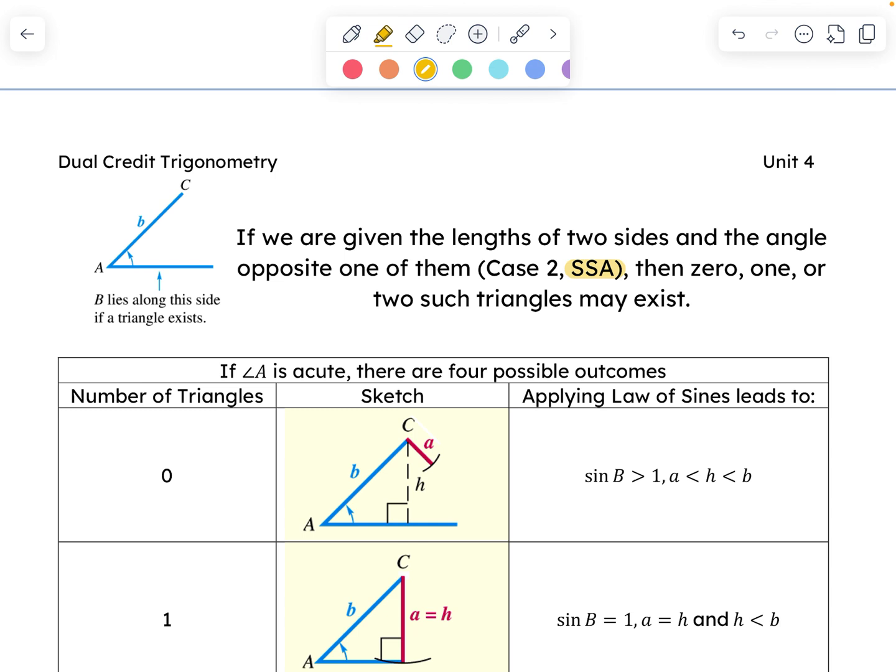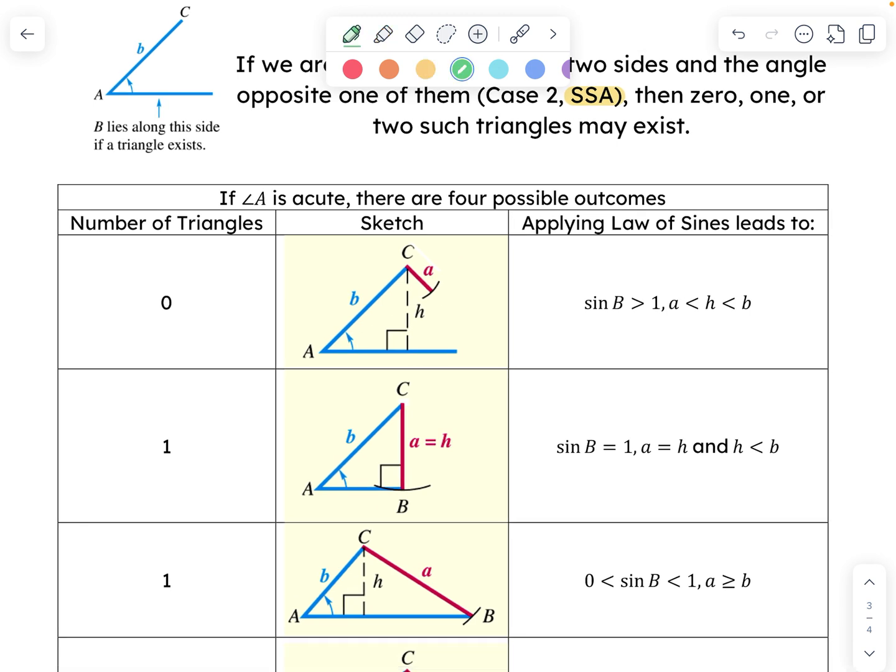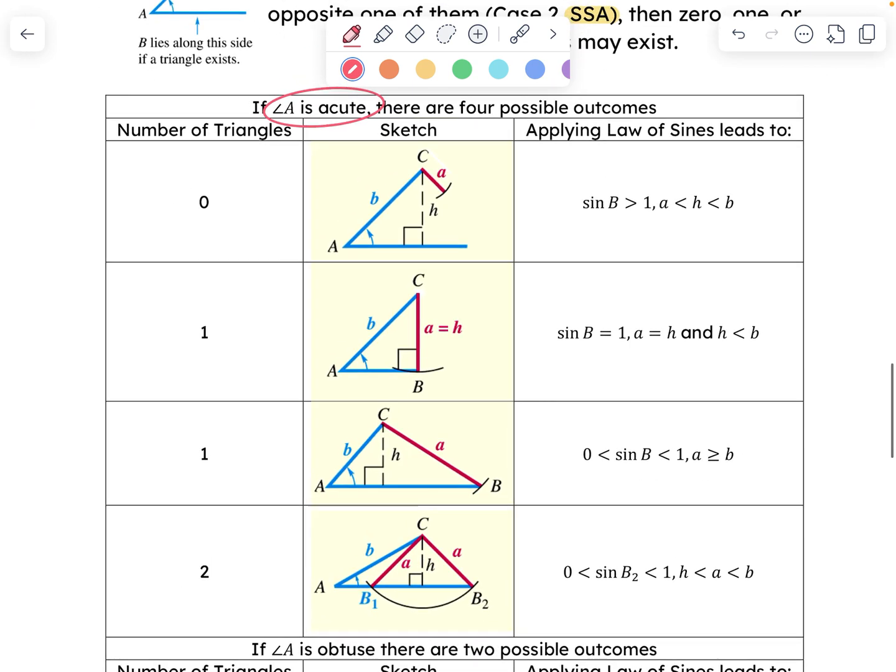And it's got these two tables that tell us the different options for what could be happening here. So if the angle that you're given, which we're going to say is angle A for our table, but remember it could be labeled differently based off of the problem you're looking at, if angle A is acute, you could have 0 triangles, 1 triangle, or 2 triangles. So you could have none, 1, or 2. And there's different things that cause this.